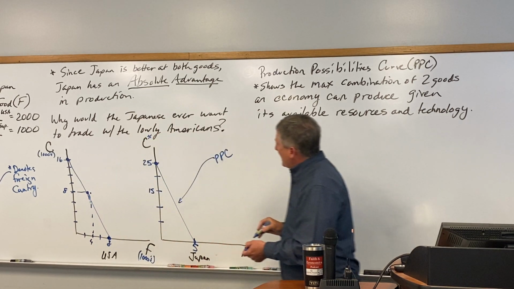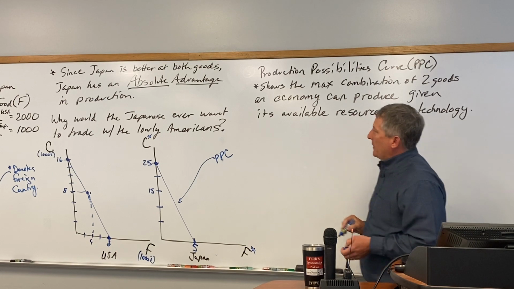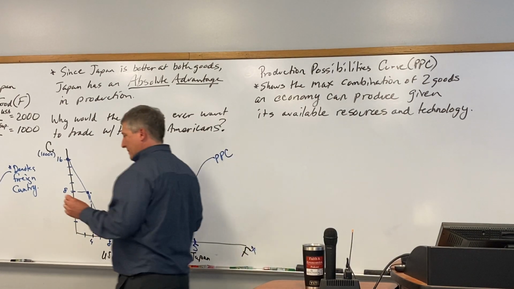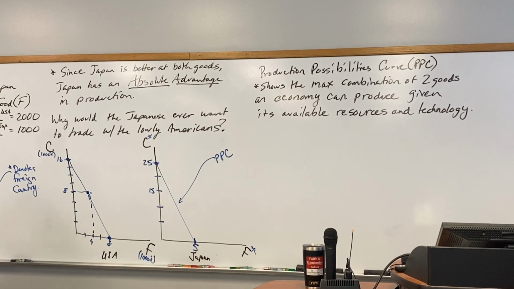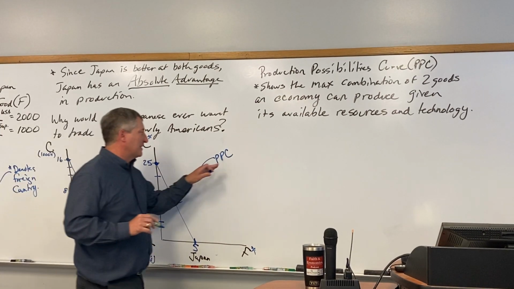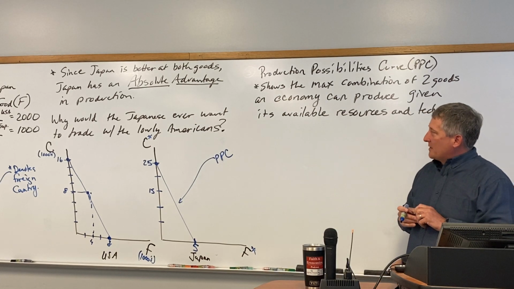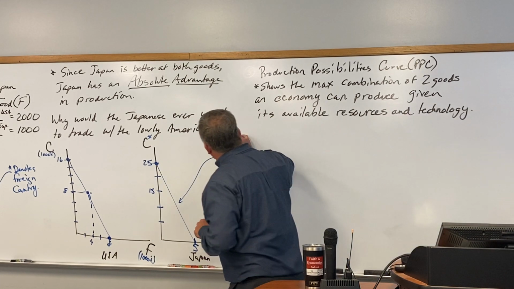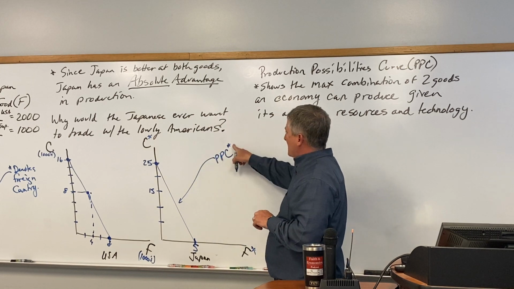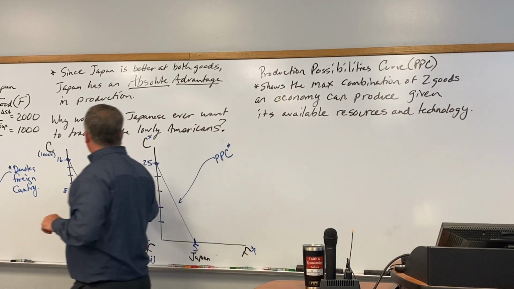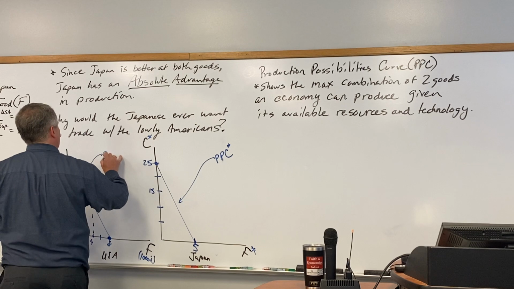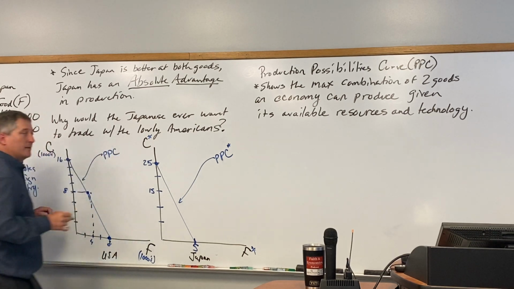The PPC. It's not really a curve, but it is in real life, for reasons we won't tackle in this class. I think that's why we call it the frontier, then it doesn't matter if it's curved or not. But so this is the production possibilities curve in Japan. Let's put a little asterisk by it. This is the production possibilities in the United States.